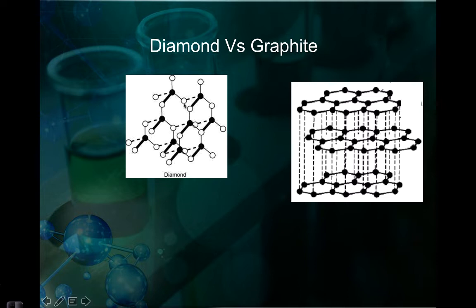Okay, so let's look at diamonds versus graphite. With a diamond structure, we're going to get these 4 covalent bonds. Essentially each little piece is a tetrahedral shape, but they just keep attaching to more and more of these structures, which makes it very strong. Graphite has actually got 3 connections.